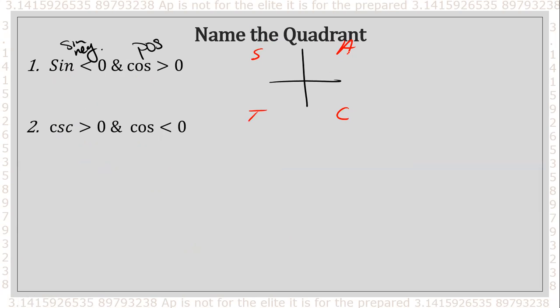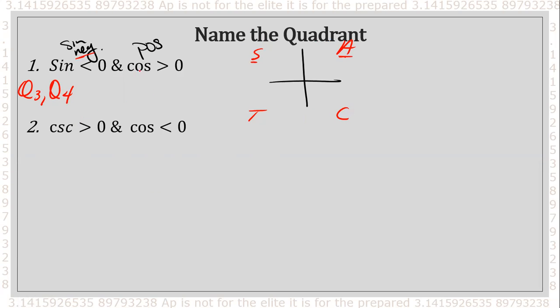Is sine negative in quadrant 1? No, everything is positive, so not quadrant 1. How about quadrant 2? Well, look at that, S. The S refers to sine being positive, and I don't want that. So the only ones I want are the bottom two, which are quadrant 3 and quadrant 4, because sine will be negative on these two.